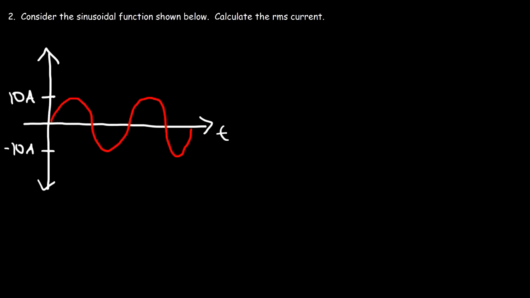Number 2, consider the sinusoidal function shown below. Calculate the RMS current that's flowing in the circuit, if this graph represents the current flowing in the circuit at any given instant of time. So what is the peak current? The peak current is the maximum current. The maximum current is 10 amps.